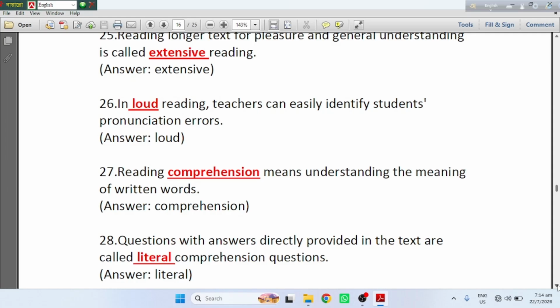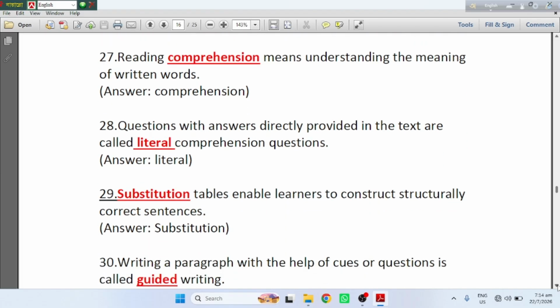Reading comprehension means understanding the meaning of written words. Questions with answers directly provided in the text are called literal comprehension questions. Substitution tables enable learners to construct correct sentences.